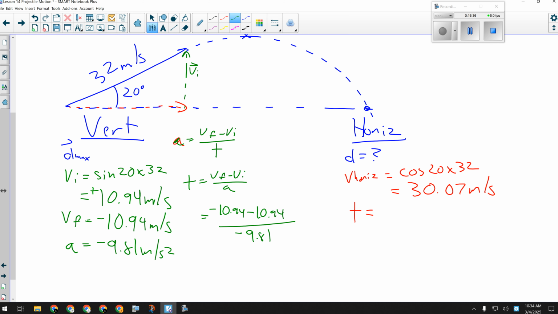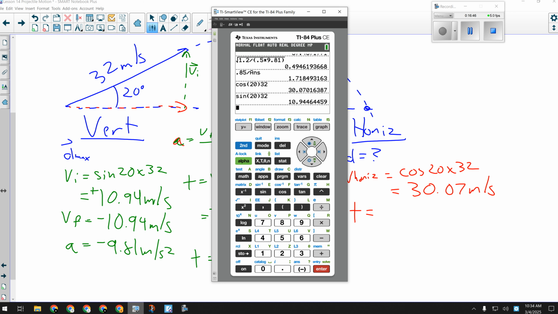Yes, you have. Okay, so let's calculate the hang time of the car. Okay, so I'm going to take that number, I'm going to go negative that number, and I'm going to subtract that number. Okay, and then I'm going to divide that by negative 9.81.